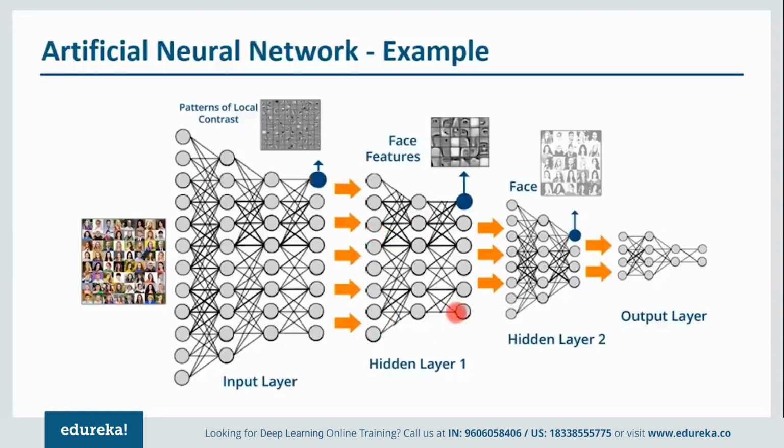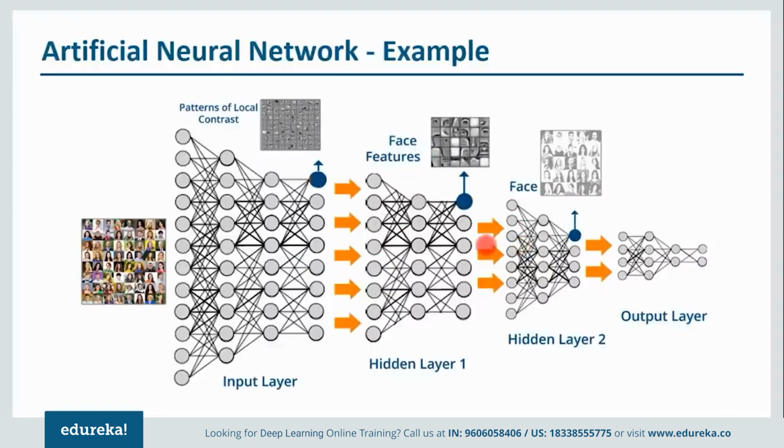In this hidden layer 1, the face features will be recognized: eyes, nose, ears, things like that. Then that will again be fed as input to the next hidden layer. In this hidden layer, we'll assemble those features and try to make a face. And then we'll get the output, that is, the face will be recognized properly. So if you notice here, with every layer, we are trying to get a more abstract or generalized version of the input.